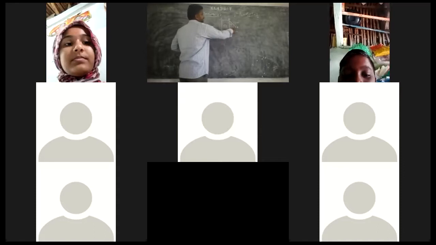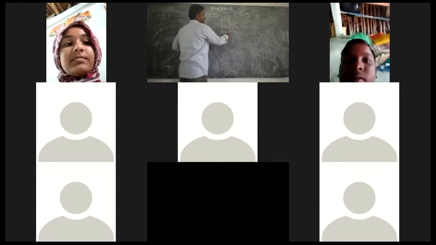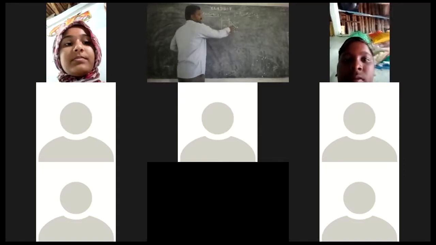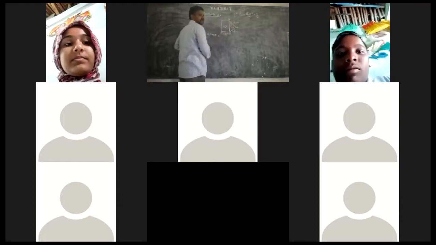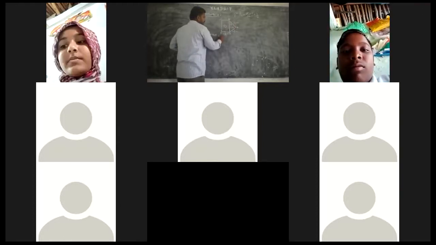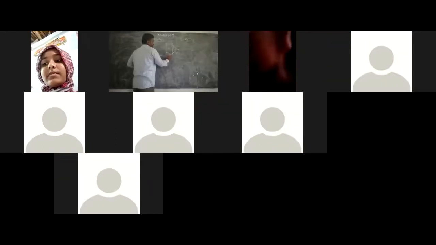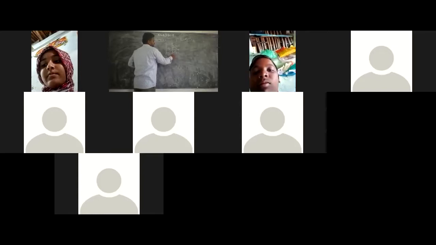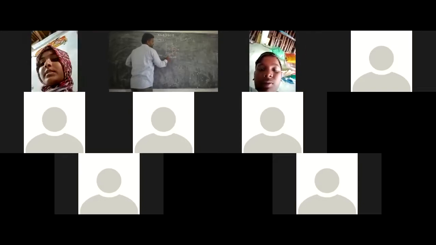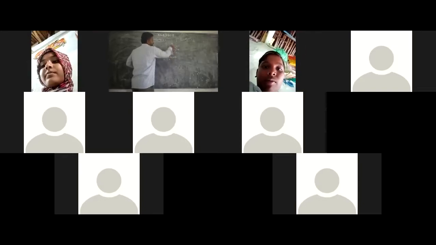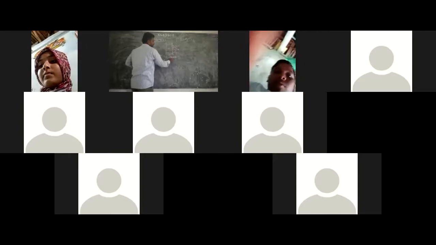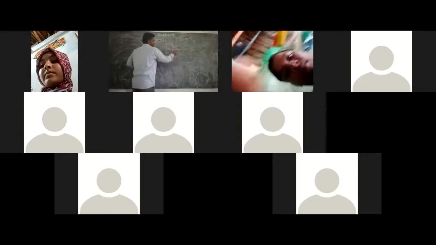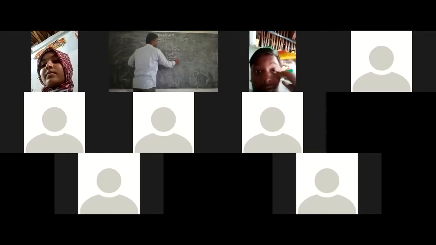So the sides are AB, BE and EA. AB is 3 centimeters. We need to add all line segments. AB plus BE plus EA. AB how much? 3 centimeters plus BE is 2 centimeters plus EA is 4 centimeters.